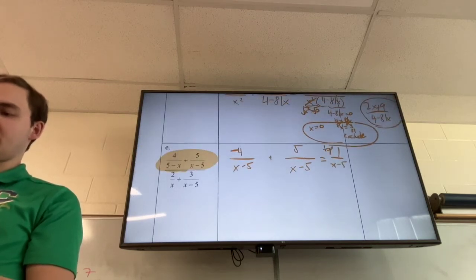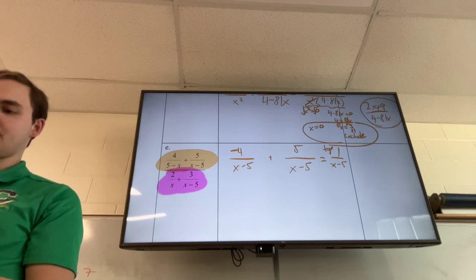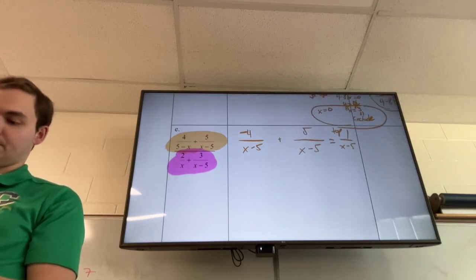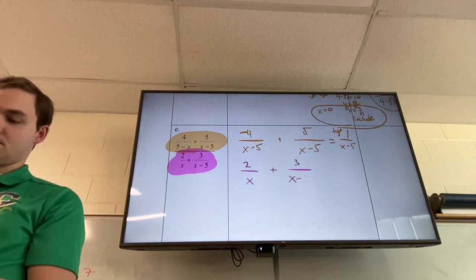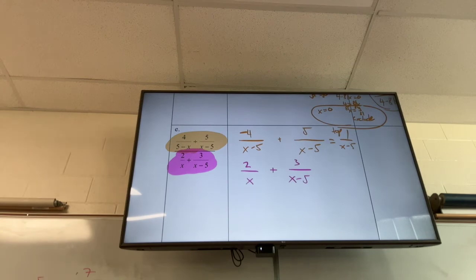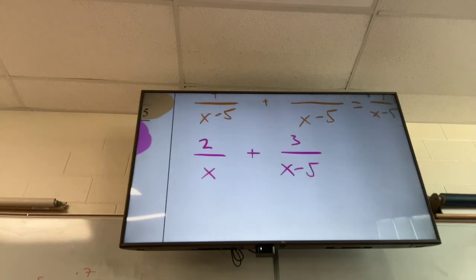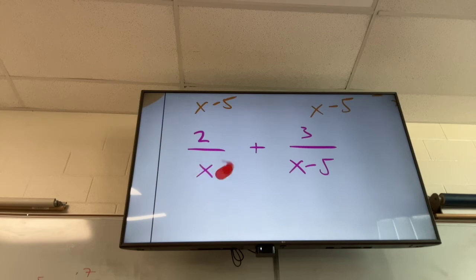Let's get the bottom out of the way. So let's highlight the bottom. What's this denominator missing that this one has? Not just minus 5, the whole factor. It's missing x minus 5.